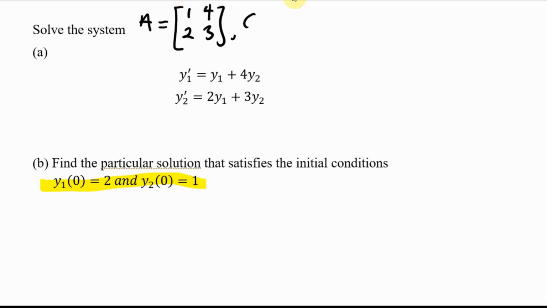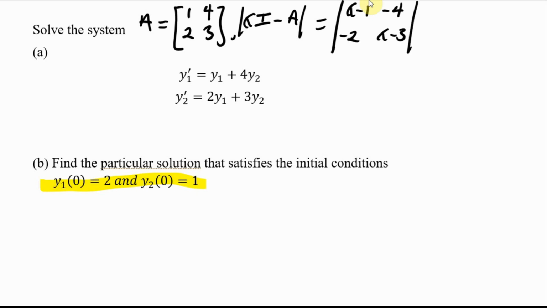And so then we find the determinant of lambda times the identity minus A, and that gives us lambda minus 1, negative 4, negative 2, lambda minus 3. And then solving that, we have lambda minus 1 times lambda minus 3 minus 8 is equal to 0.